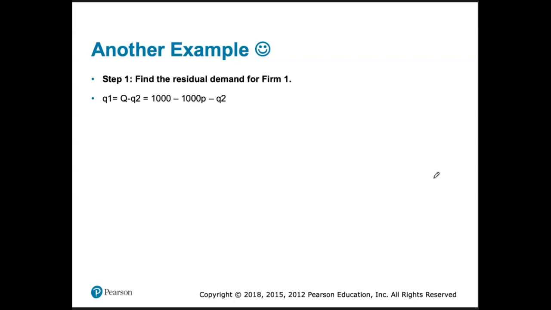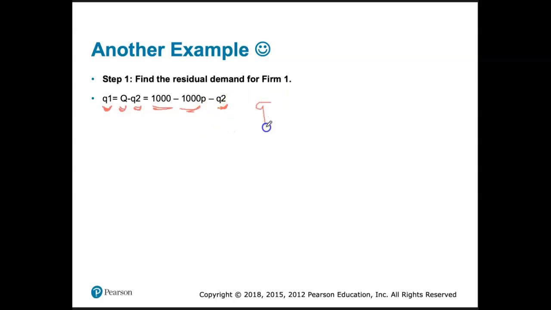Again, I like learning through steps, so I'll just go through the steps. Step 1 is find the residual demand for firm 1. How do we do that? The quantity produced by firm 1 should equal the total market quantity minus the quantity produced by firm 2. So that is going to be the total market quantity, which you've been given, 1000 minus 1000 P, minus the quantity produced by firm 2, which is Q2.